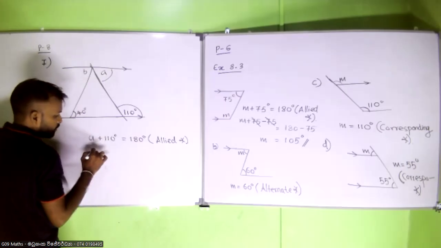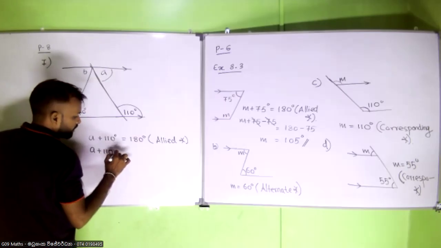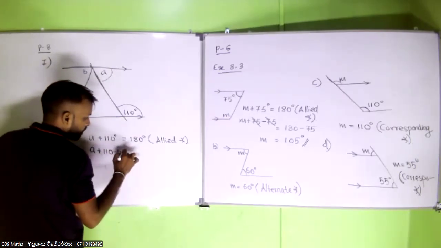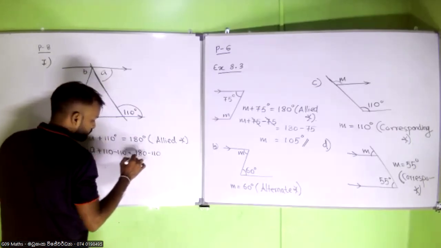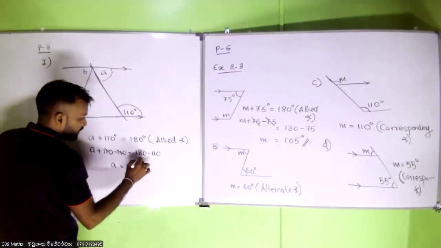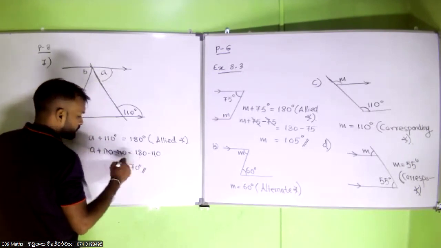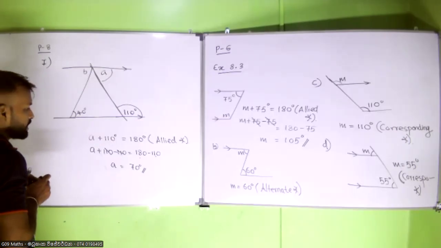So here you need to find the value of A. I am going to subtract 110 from both sides. 180 minus 110, cancel out. A is equal to 180 minus 110, that is 70. So A is equal to 70.